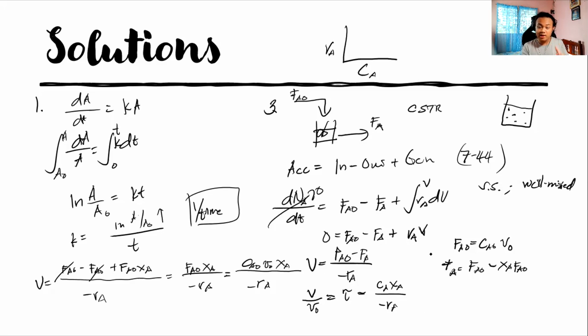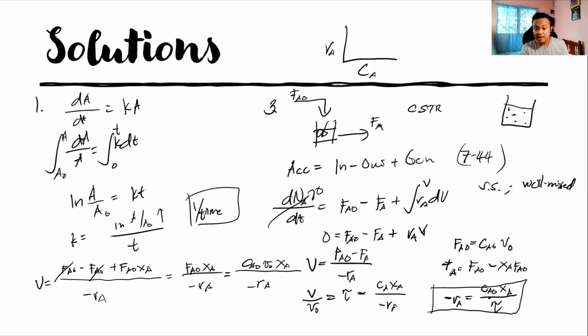And then we will now have our goal. So let's rearrange this. RA is equal to, okay, that's the equation that we are looking for.